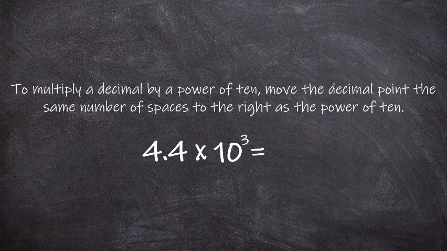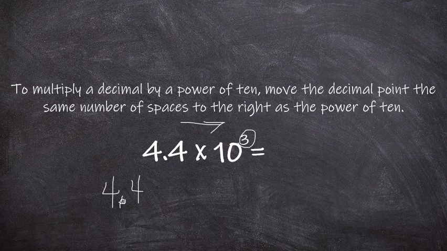To multiply a decimal by a power of 10, move the decimal point the same number of spaces to the right as the power of 10. So in this case, we have 4 and 4/10. So if I want to move it to the right, which is this direction, I'm going to move my decimal 3 times.